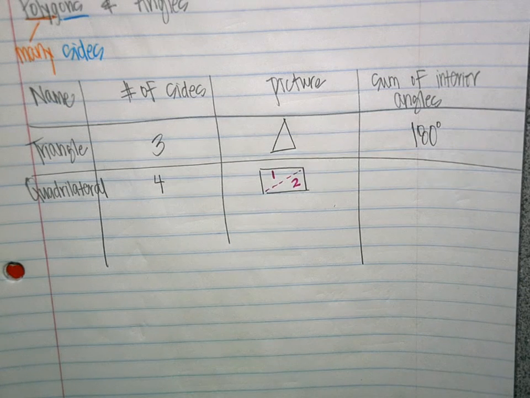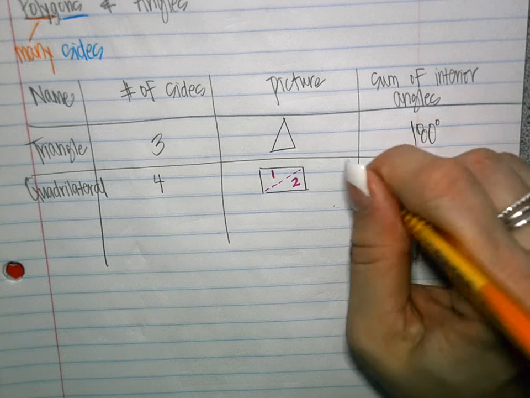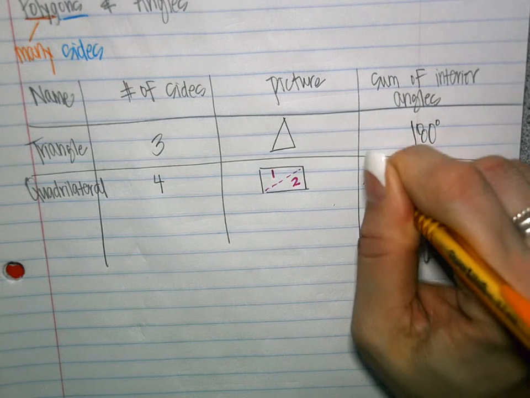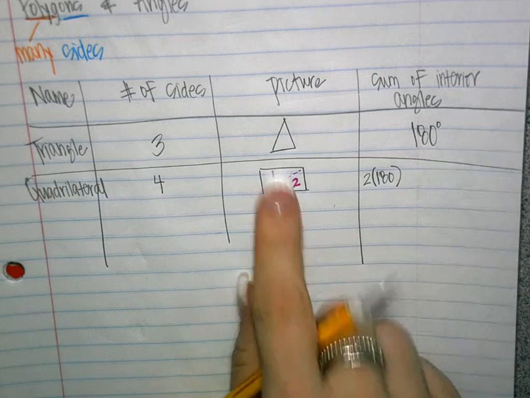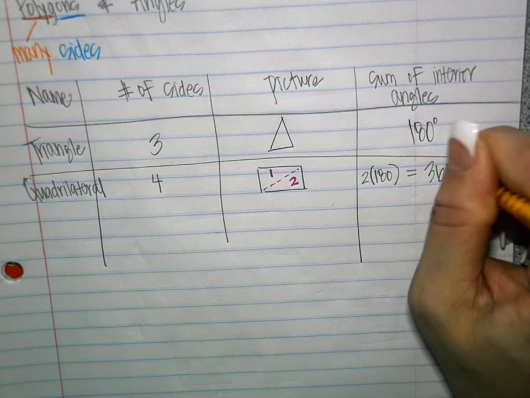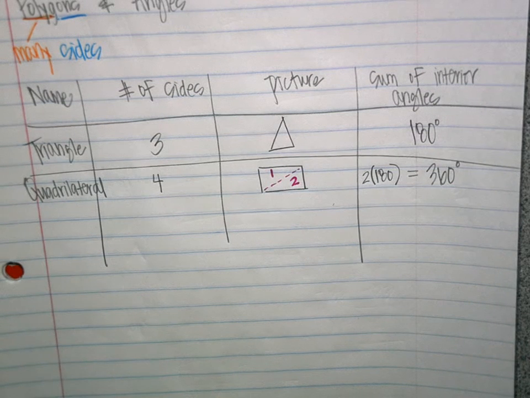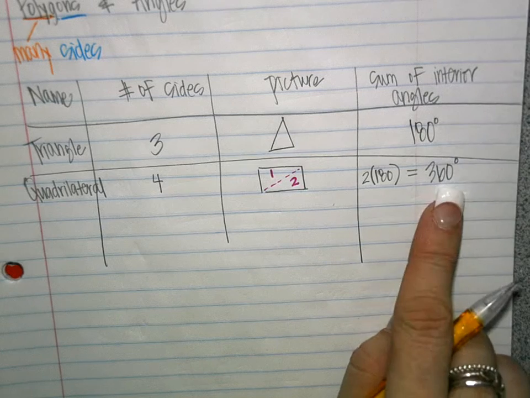So basically, if we wanted to figure out the sum of its interior angles, you do 2 times 180, because you could make 2 triangles. That gives you a total of 360 degrees. So in any quadrilateral, the sum of its interior angles is 360 degrees.